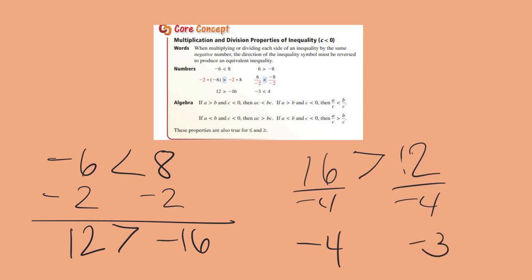If I leave my greater than sign, does that make it true, negative 4 is greater than negative 3? No. Which is bigger, negative 4 or negative 3? Negative 3. So do you see why you have to reverse it? When we're multiplying or dividing by a negative number on both sides, we do the inverse.